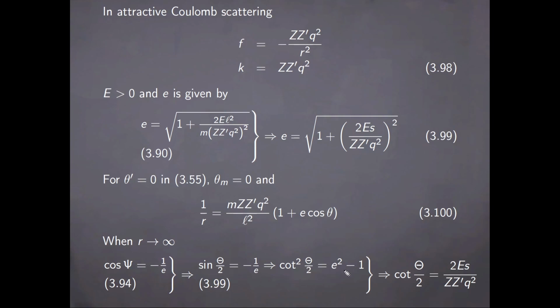And then if we use the formula we have deduced for the eccentricity, we can write down the cotangent of the scattering angle divided by 2 as being equal to the quantity here.